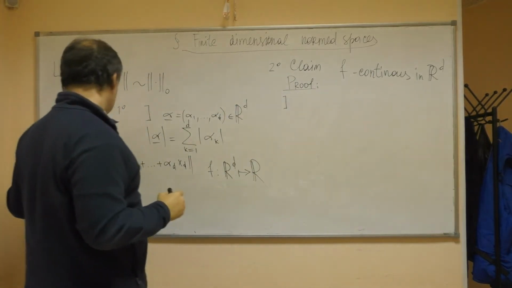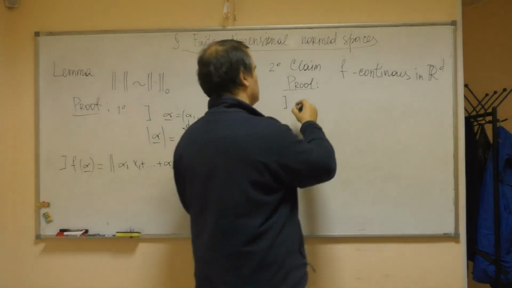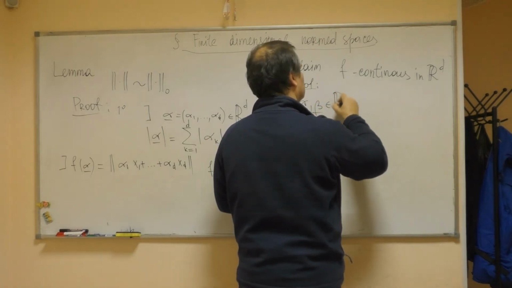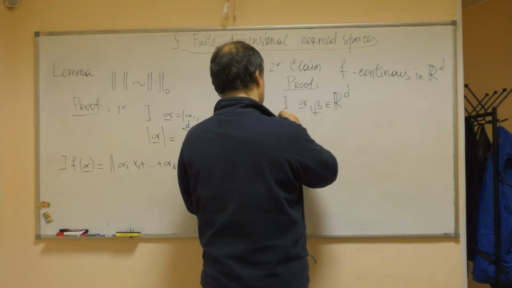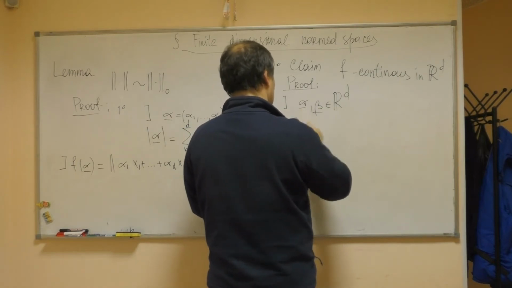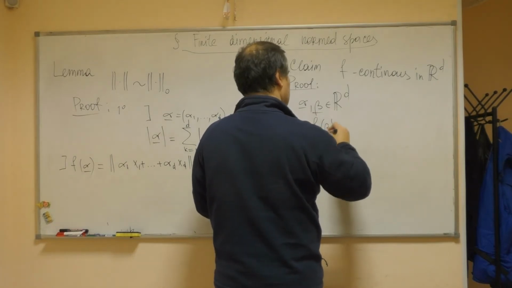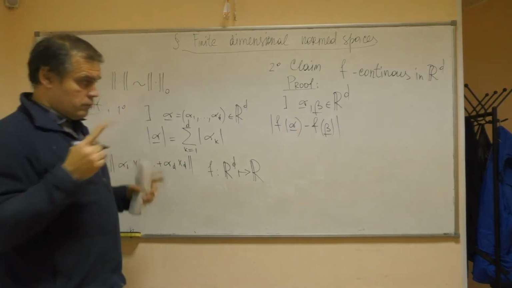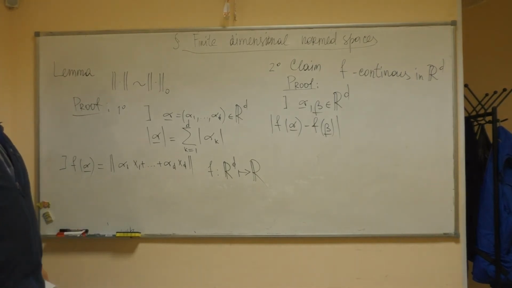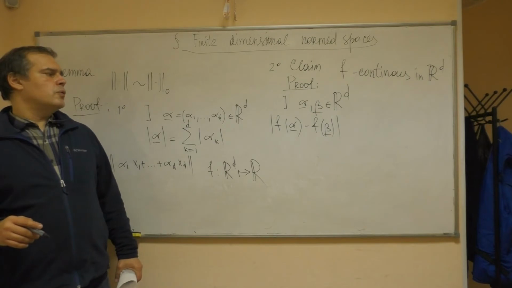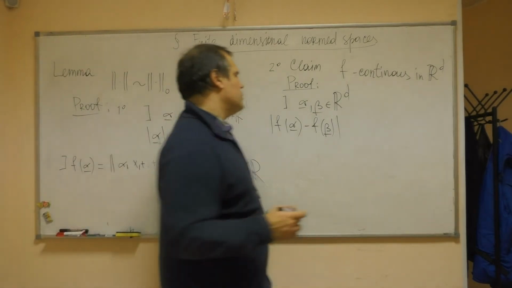Let's consider two elements, alpha and beta from Rd, and we consider the absolute value of the difference of this function on these two elements.